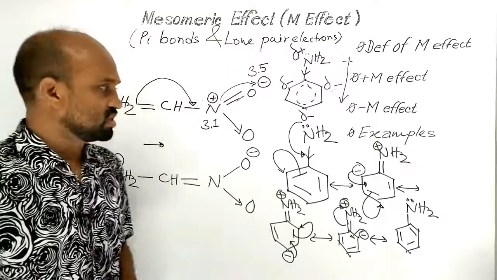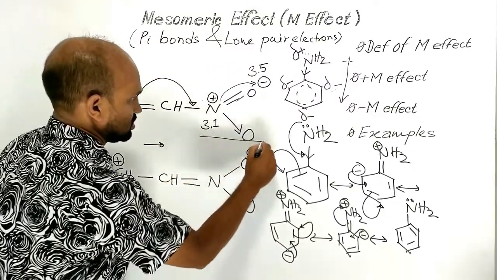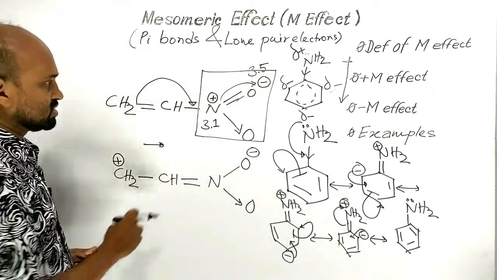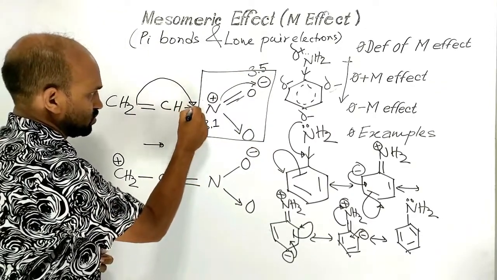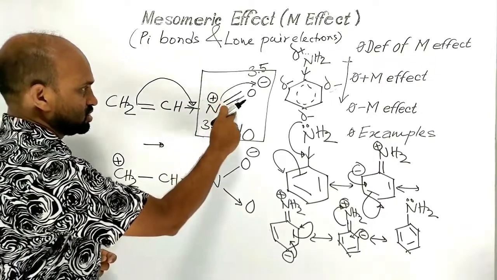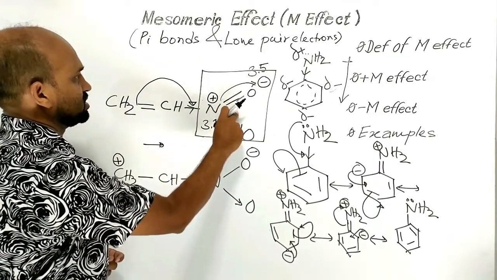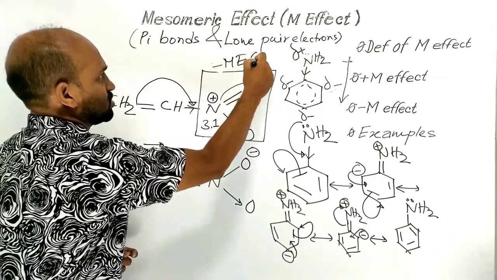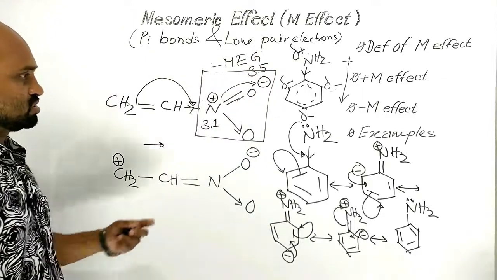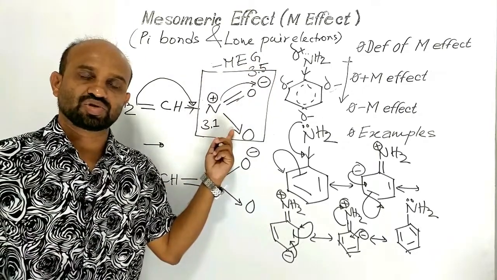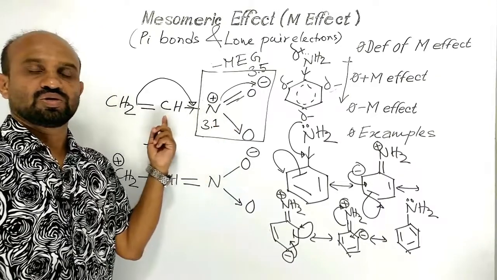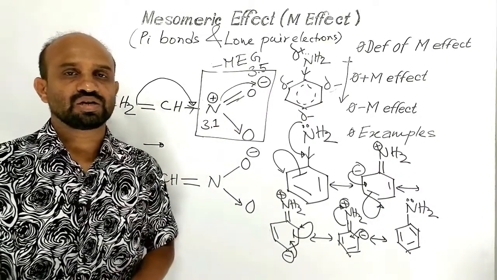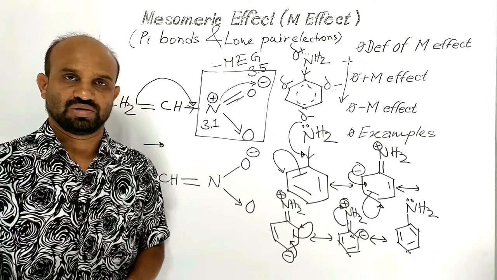In nitroethene, this is nitro group which acts as electron withdrawing group. In this molecule, this group is mentioned as negative mesomeric effecting group because this group withdraws electron from the molecule and the molecule ultimately becomes polar.